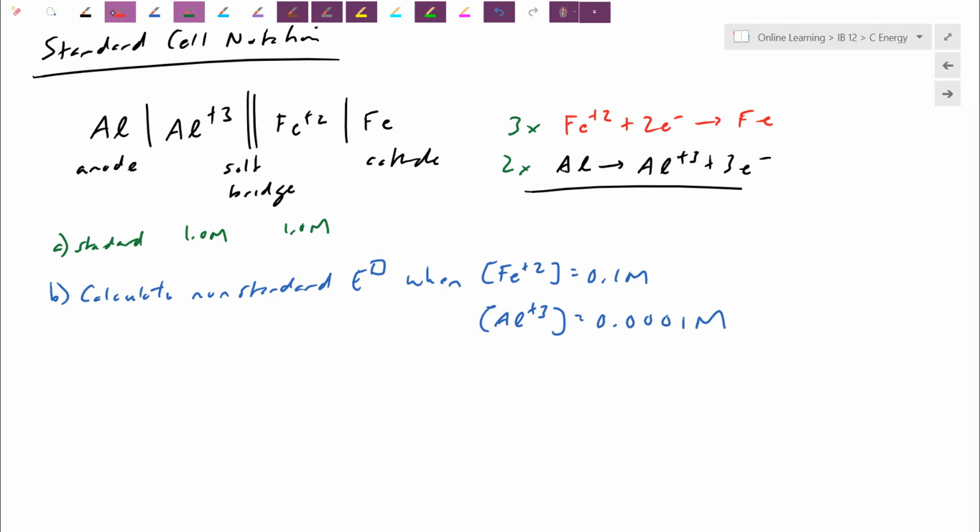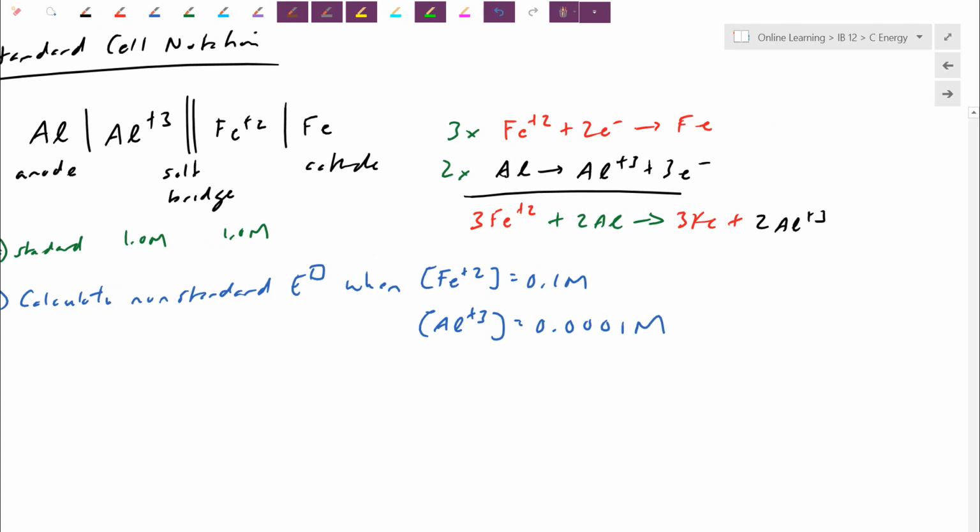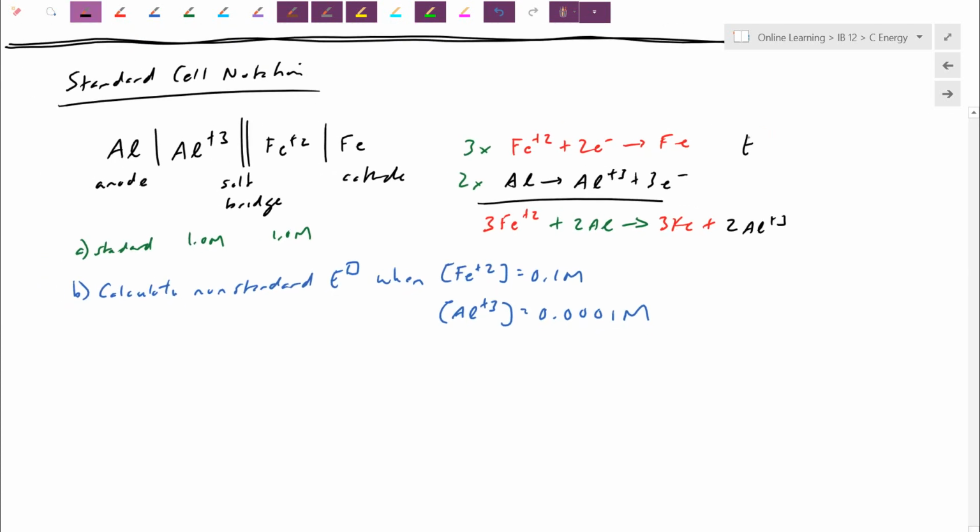So overall your equation is going to be 3Fe plus 2 plus 2 aluminum ends up making 3 Fe, and then we have 2 aluminum plus 3 on the other side. Remember, the E naughts we can get on the table are already per electron, so these don't change. Figure out what the standard E cell is overall, just add those two.